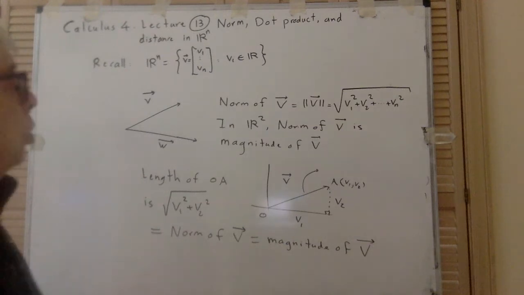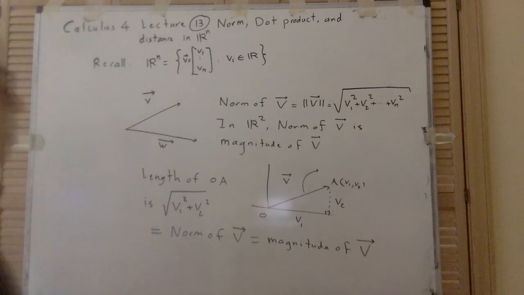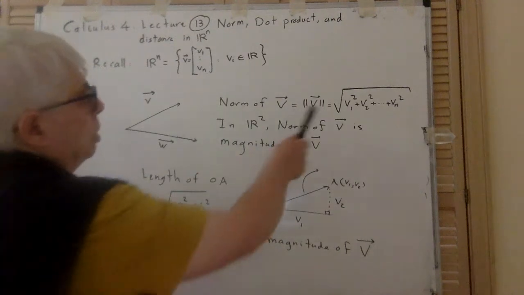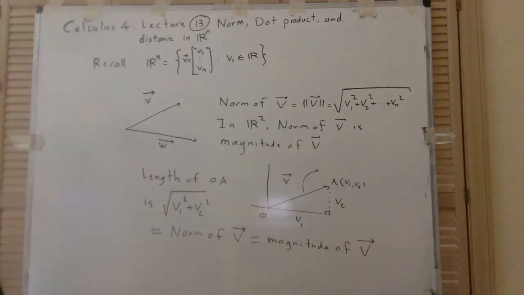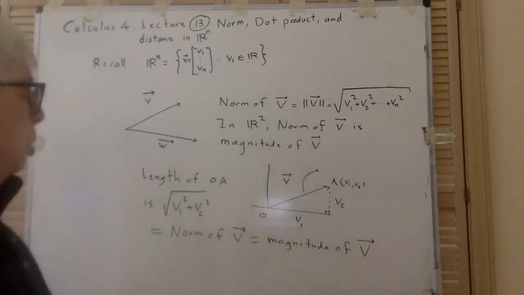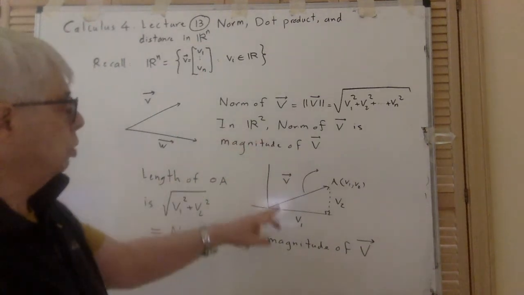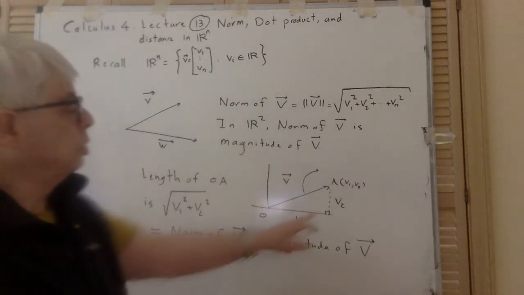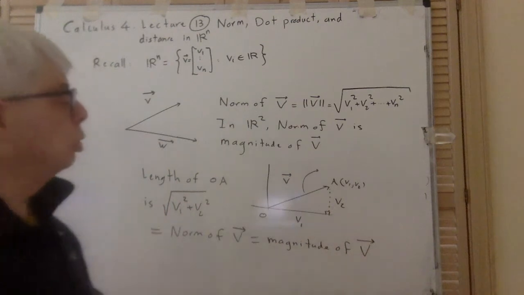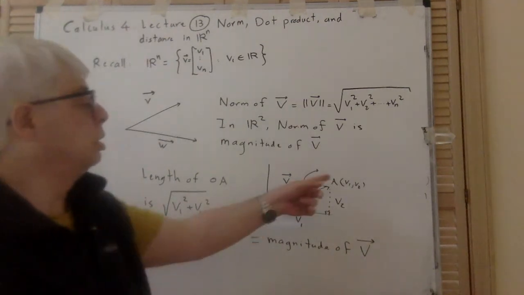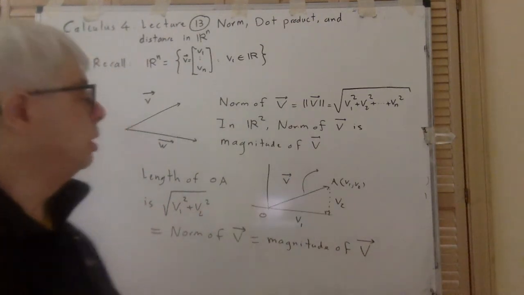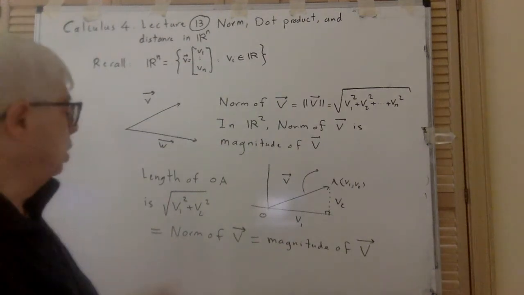We define norm of V to be like the generalization of magnitude of V in R2 and R3. So norm of V is this: V1 squared, V2 squared, up to Vn squared, square root. Now in R2, this is V1, this is V2, and this point has coordinates V1, V2, and we know that this vector is in fact identified with this point.